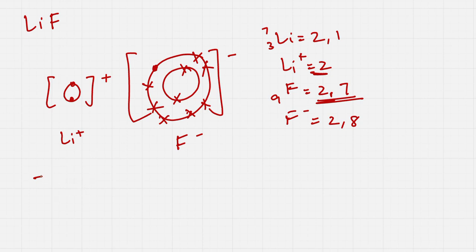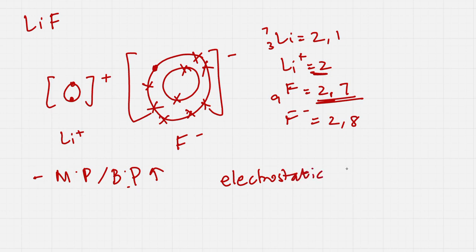So one of the properties is that they have very high melting and boiling points. And why is it high? Because the electrostatic forces are in between the ions. Let's say a positive ion and a negative ion are joined by electrostatic forces. So in order to overcome this electrostatic force, a very high temperature is needed.